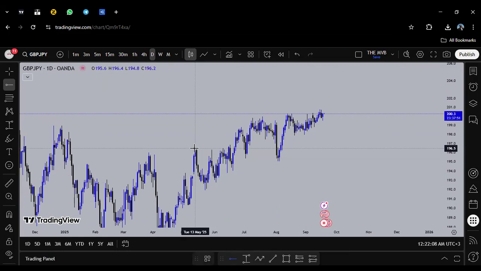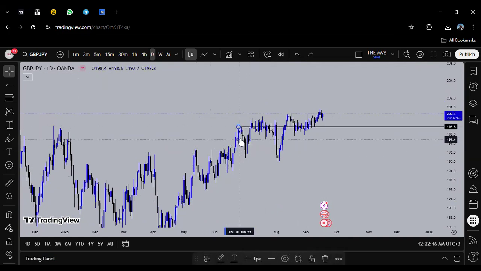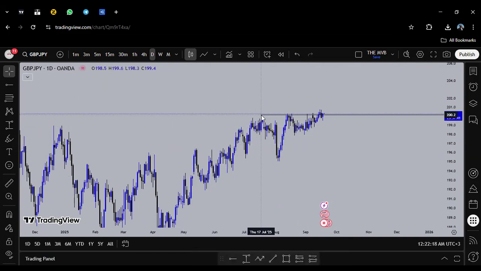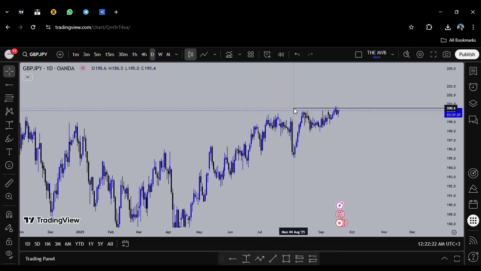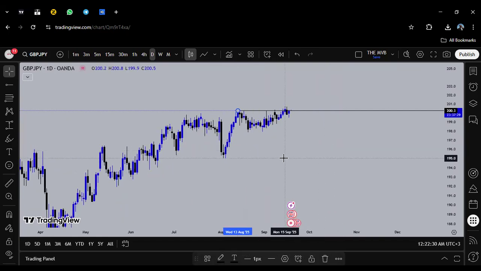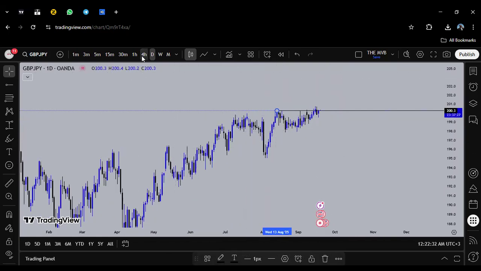Because we can find a break of structure right there, creating the series of high highs and high lows. You can see a break of structure, high highs and high lows, another break of structure right there, and then the market is trying to break another break of structure right there. So you can clearly say we are in the uptrend. Okay, we're in the uptrend.